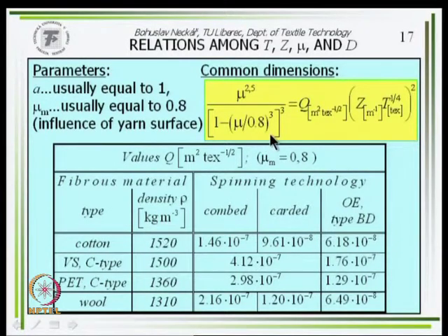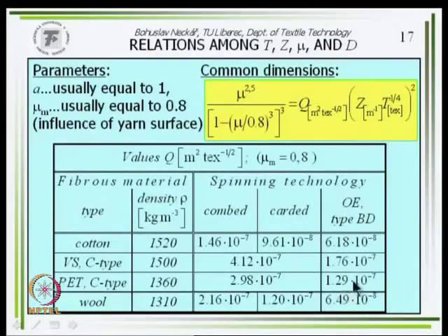Based on our experience, we can say that for different fibers and spinning technologies, the following values we can recommend to you. Of course, in more detail, it depends on your special type of fibrous material, your situation in your spinning mill, and so on. But generally, you can use this here.